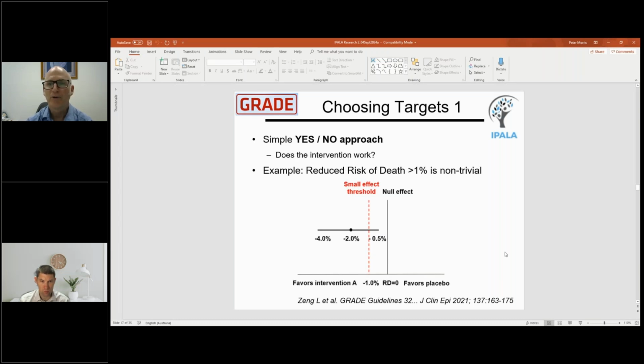So 100 people like you would be needed to be treated for 5 years for one person to avoid a myocardial infarction. And you can see in this example, the point estimate looks very positive, a 2% difference, but the confidence interval crosses your threshold for a small effect. So that's an example of what you might do doing a simple yes-no approach using a risk difference measure of effect.